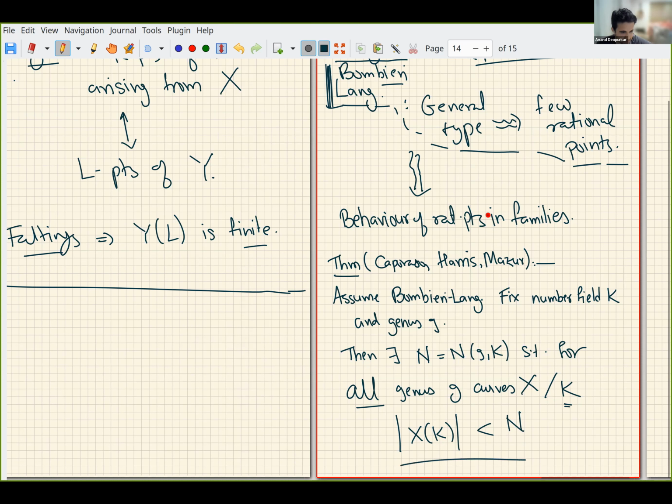For example, the Fermat equation is one equation of degree n, and it is homogeneous.